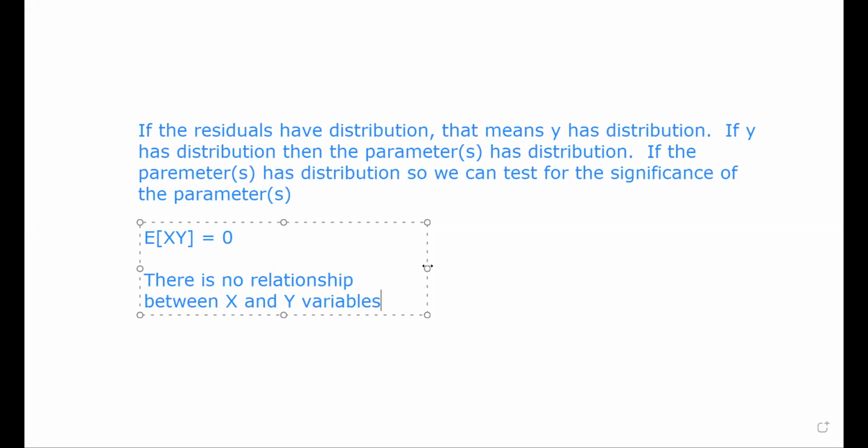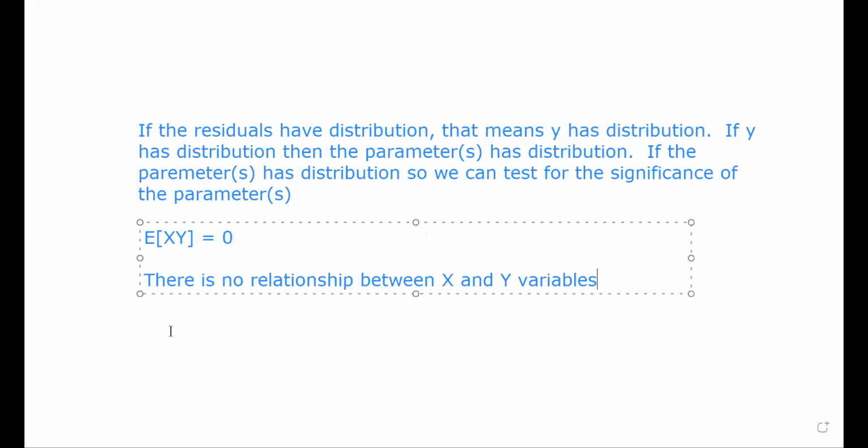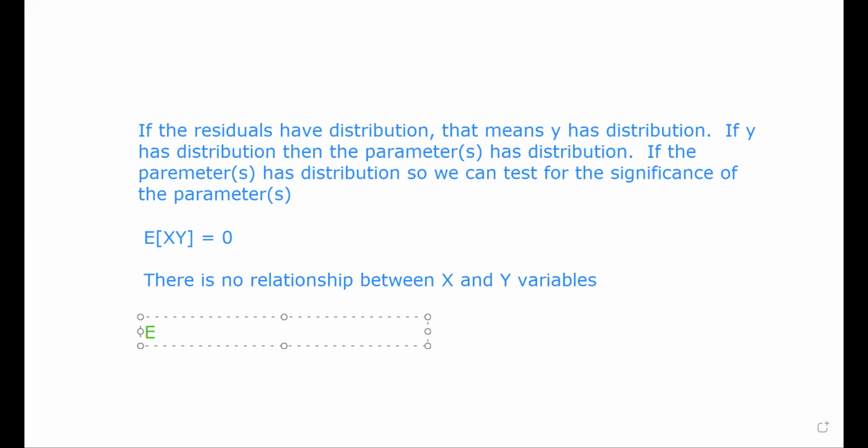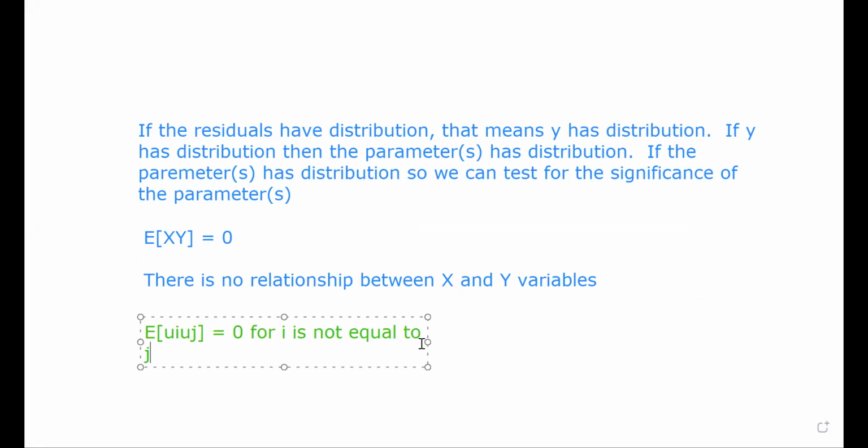For the case of residuals, the expected value of mu i mu j is equal to 0 for i not equal to j.